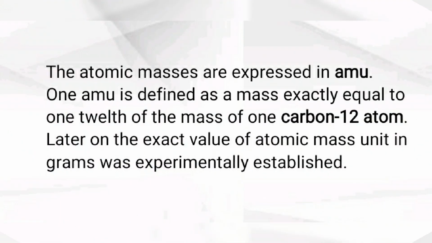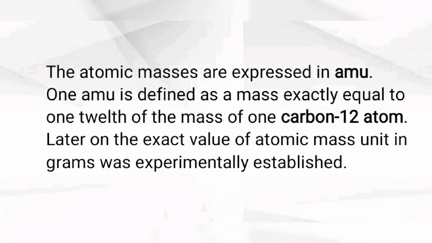The atomic masses are expressed in the unit AMU, that is atomic mass unit. 1 AMU is defined as a mass exactly equal to 1/12th part of the mass of a carbon-12 atom.